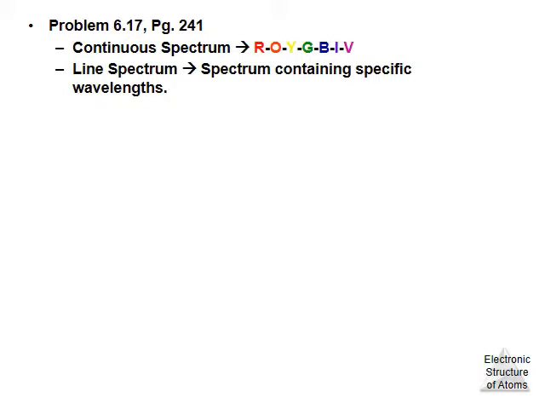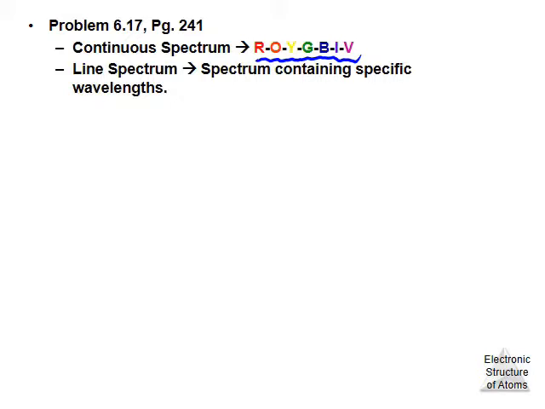Now let's go over a problem. Before I go over the problem, I should define what is continuous spectrum and line spectrum. Continuous spectrum means you can see all these different colors of radiation: red, orange, yellow, green, blue, indigo, violet. Then it will be called continuous spectrum.